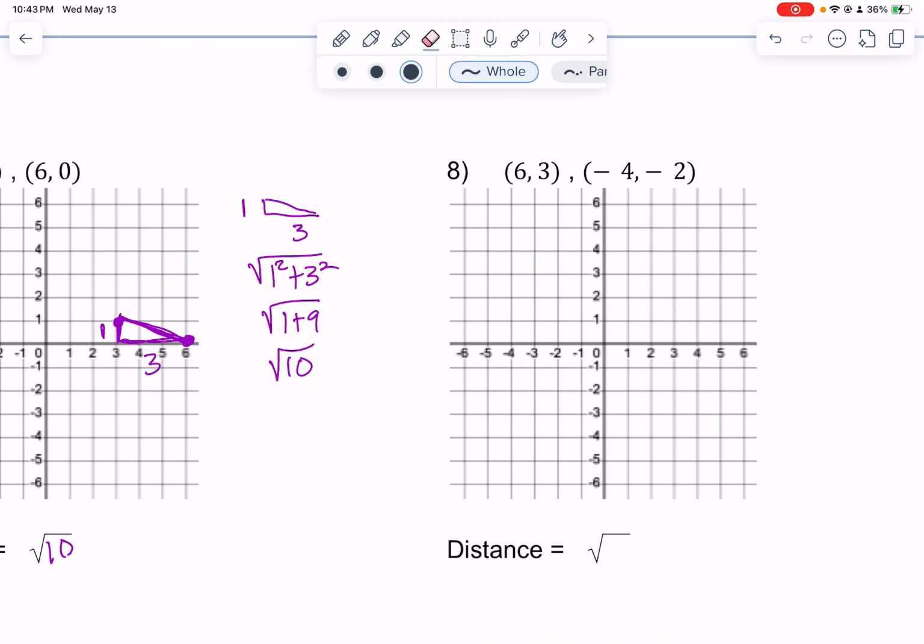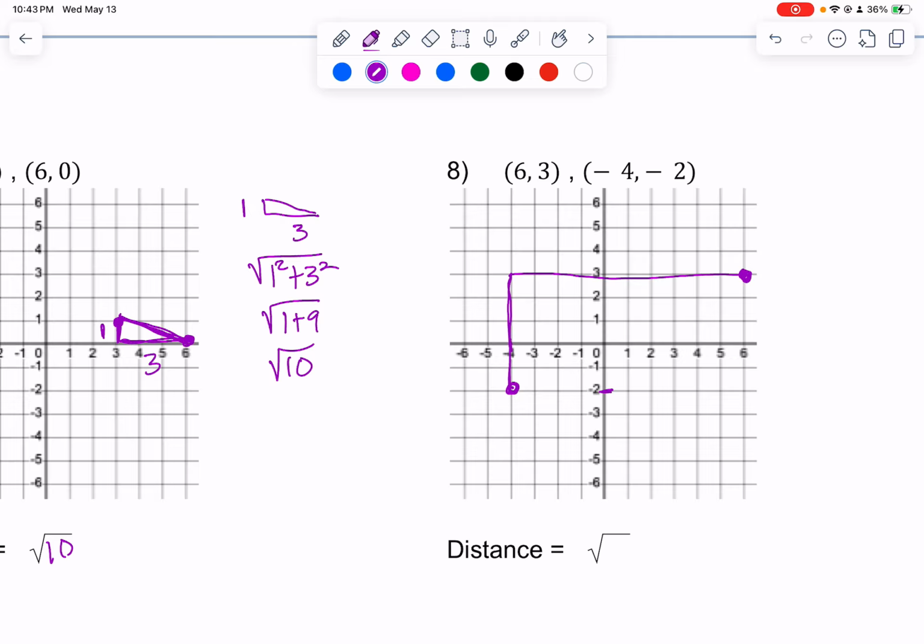We have 6, 3, and negative 4, negative 2. So 6, 3 is here, and then negative 4, negative 2 is pretty far away. It's hard for me to maybe draw perfectly straight lines, so I'm going to start with my big step, look at that fraction, and then try to determine how I break it down into smaller steps.